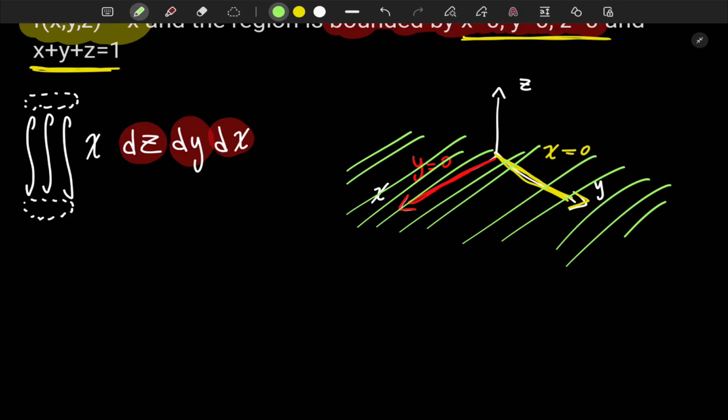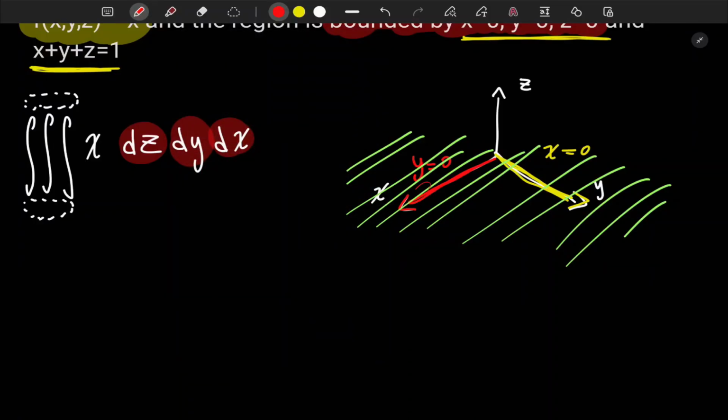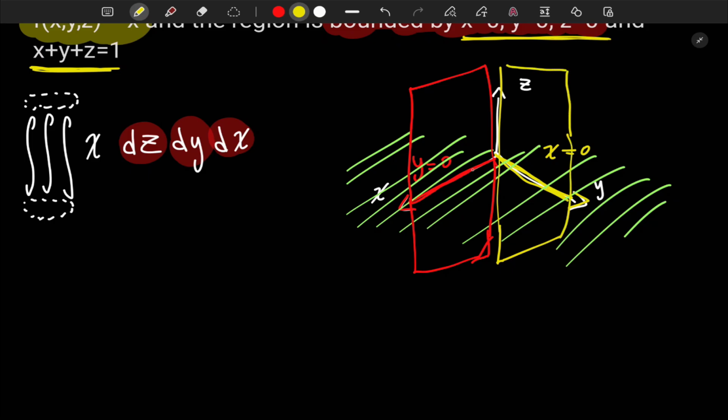So when we extend our drawing to 3D, this will be a plane. And this will also be a plane. And this is the third plane.